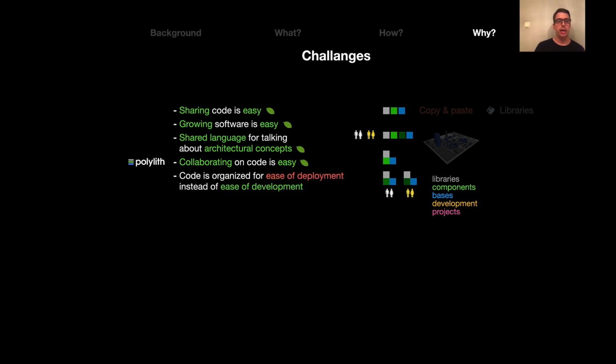Another challenge we have today is that code is organized for ease of deployment instead of ease of development. It can look like this. If we have 2 services in production today, we automatically end up with 2 services in our development environment.